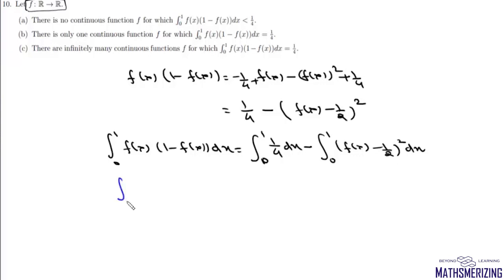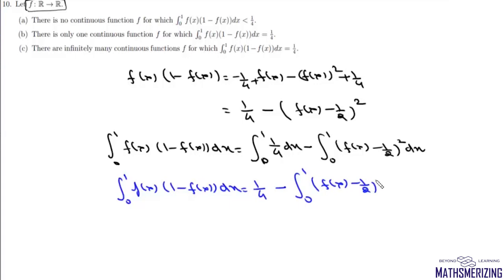So we can write this as integral from 0 to 1 f(x)(1 minus f(x)) dx, and here it will be 1 by 4 and then minus this integral from 0 to 1 f(x) minus 1 by 2 whole square into dx.